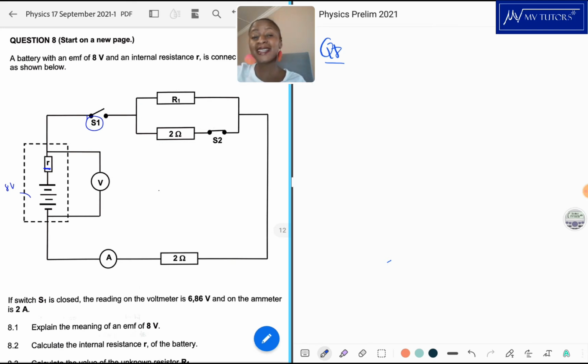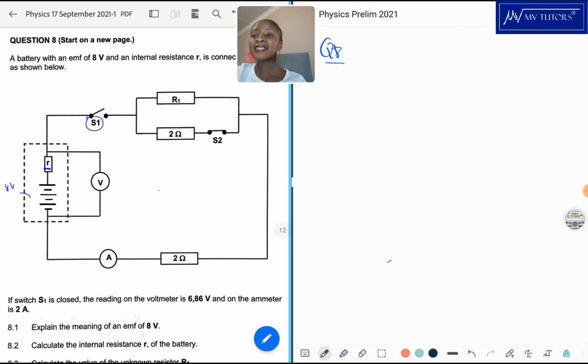But as soon as there's current flowing, you then have a reduced voltage, which we call our terminal potential difference, VTPD. All right, so this 6.86 is your VTPD.